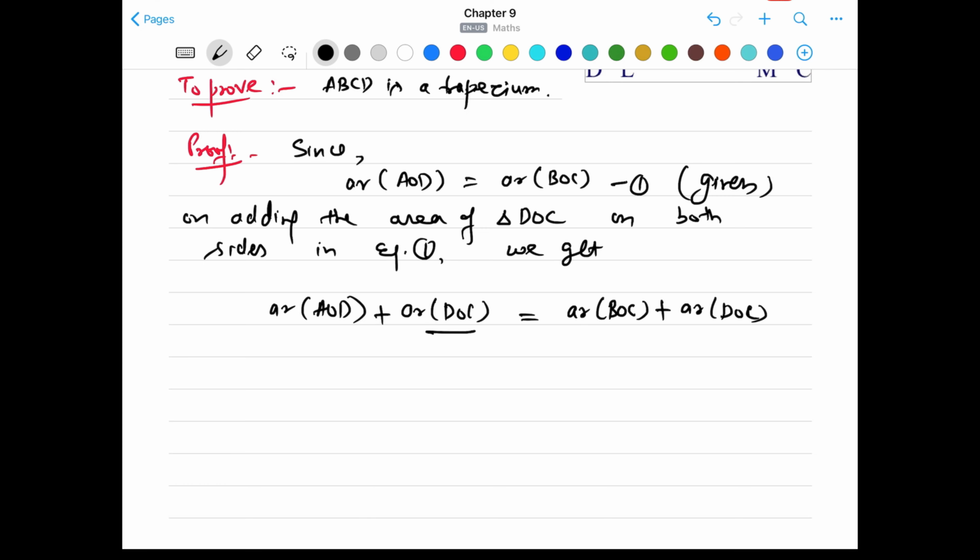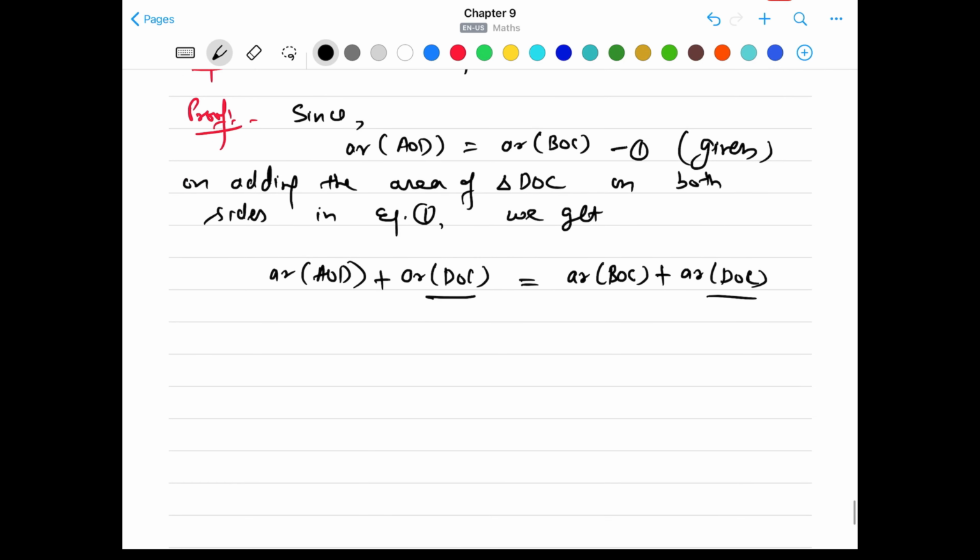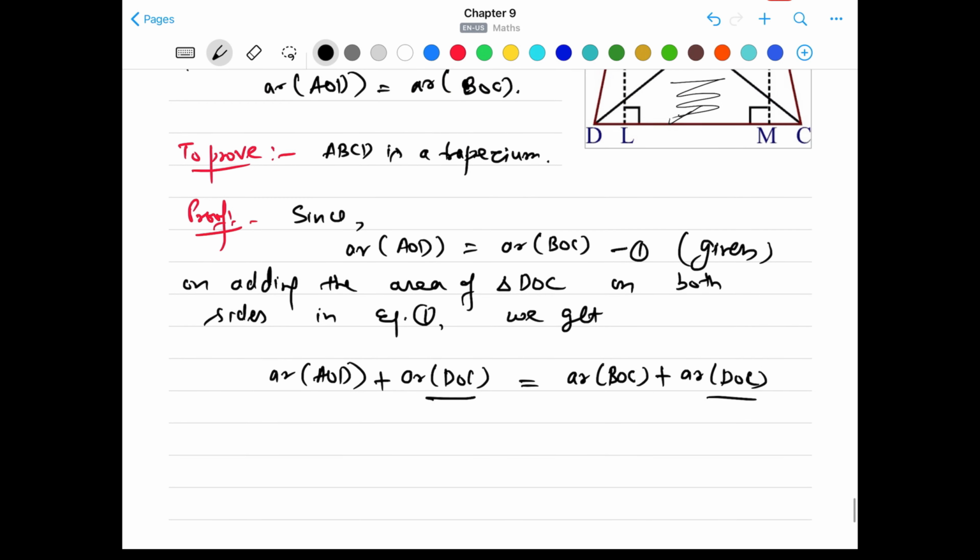Okay, so we are adding the area of the same triangle on both sides. That means the equation will still be balanced.